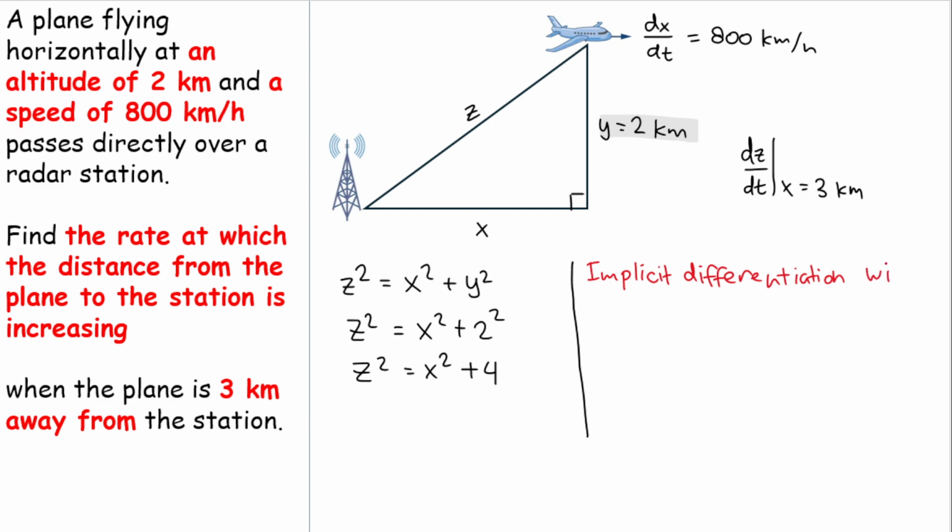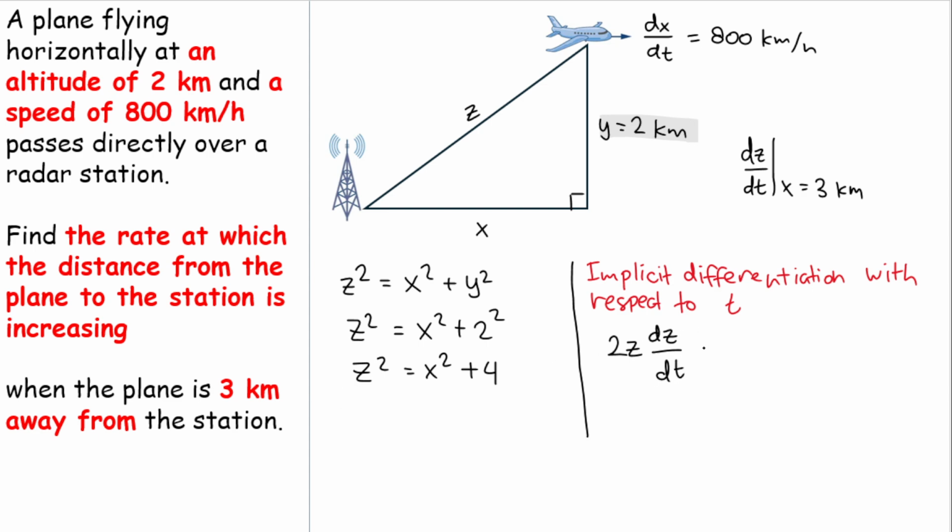On the left hand side, I have z squared, so the differentiation of z squared is 2z. However, we need to differentiate with respect to t, so I multiply this by dz/dt on the left hand side.